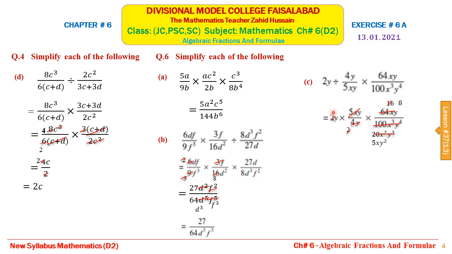So 8 is in the numerator. 8 multiplied by 1 multiplied by 1 gives us 8, and 5xy square is the denominator of the third fraction, and there is nothing in the denominator of the second and first fraction. So when we will multiply 1, 1 and 5xy square, we will get 5xy square.